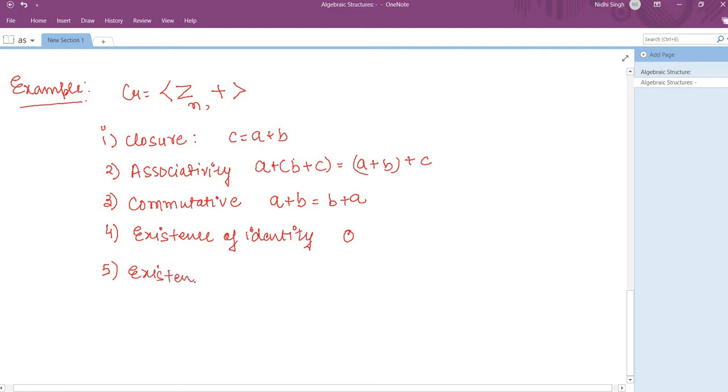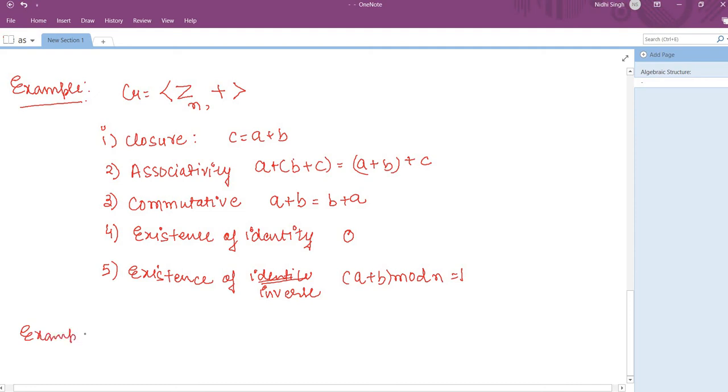Because we are talking about addition on the set of residues, we already know that each element of the set of residues will have its inverse, such that A plus B mod n equal to 0. So it will exist.